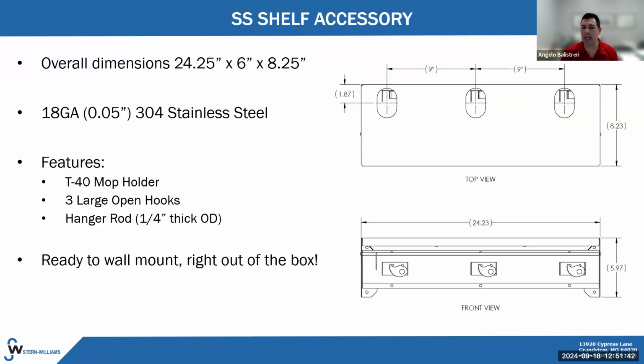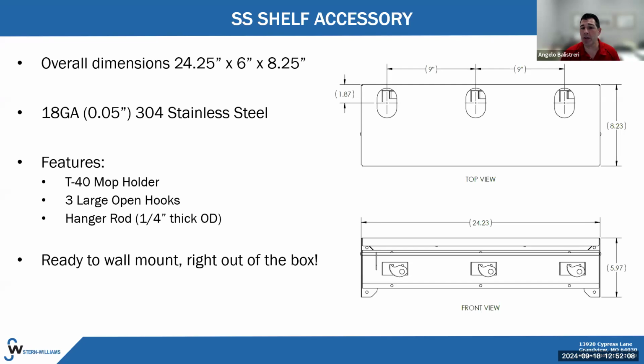You can see here on the next page that we have a couple of different holes that come up through the top. This allows you to still have your mop hanger, so this is kind of a substitution for the T40. We actually use that T40 and mount it into this apparatus that we're folding and preforming at Stern-Williams.